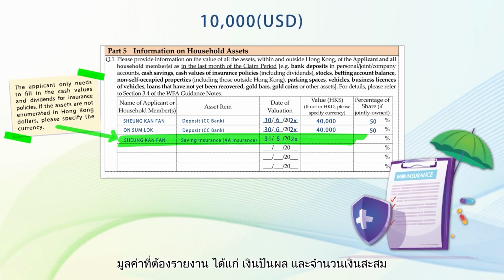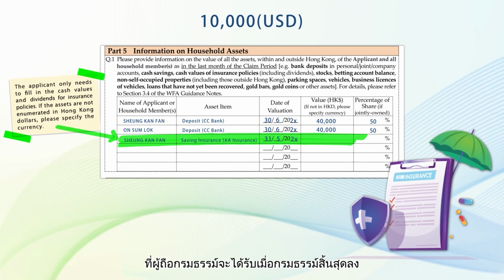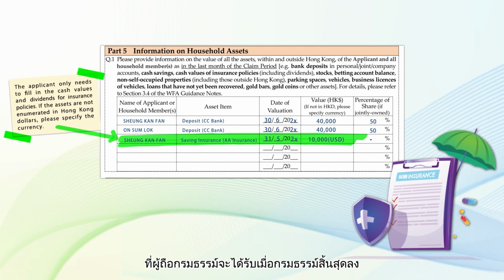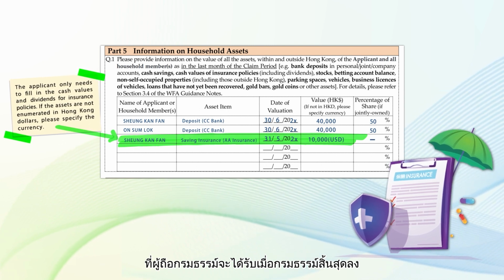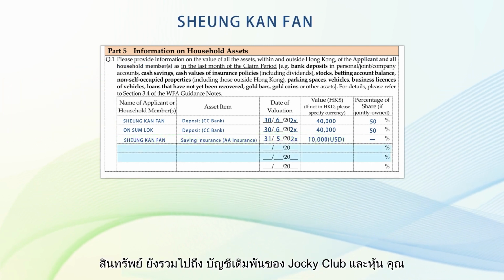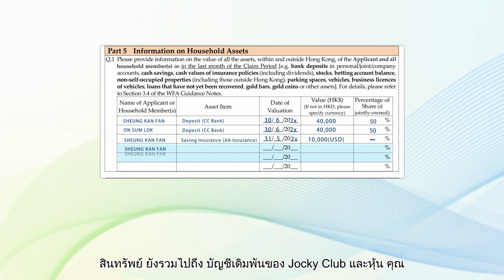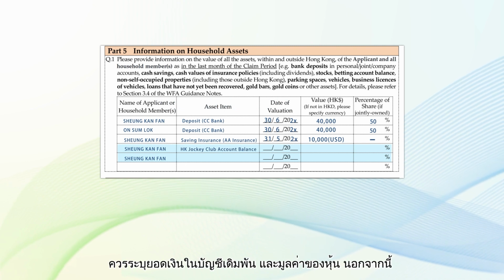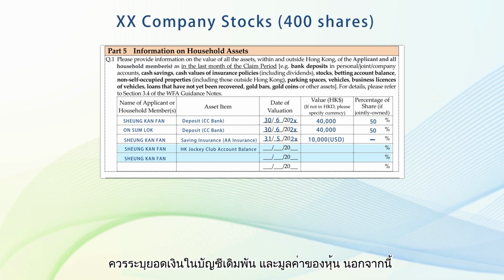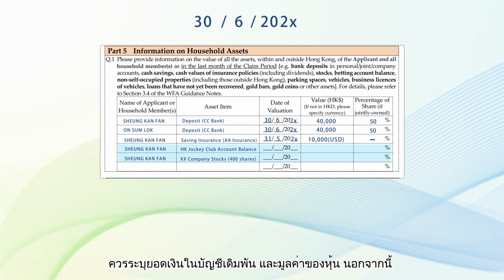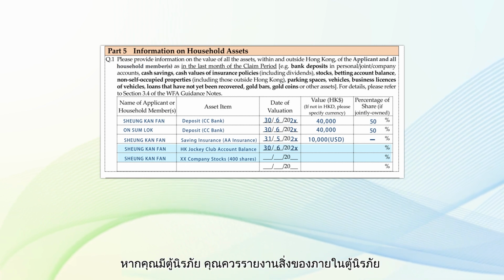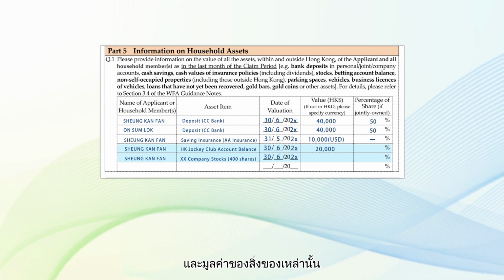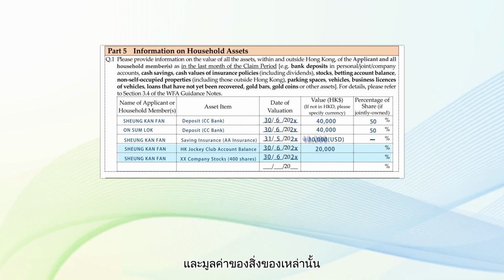Values to be reported include dividends and the accumulated amount that the policyholder can get when the policy is surrendered. Assets also include Jockey Club betting account and stocks. You should indicate the balance of the betting account and the value of the stocks. In addition, if you have a safe deposit box, you should report the items inside and their values.